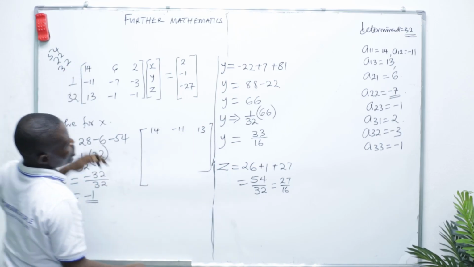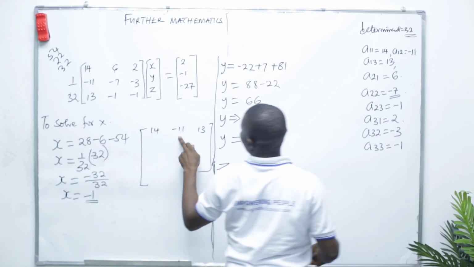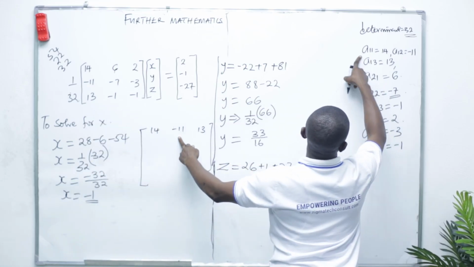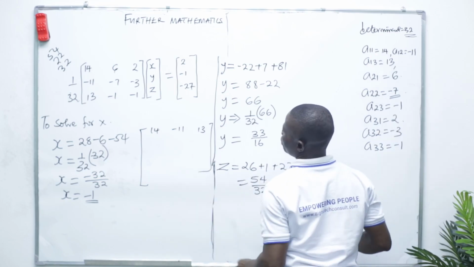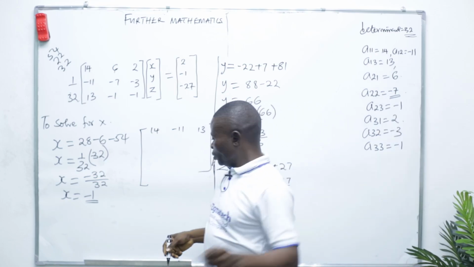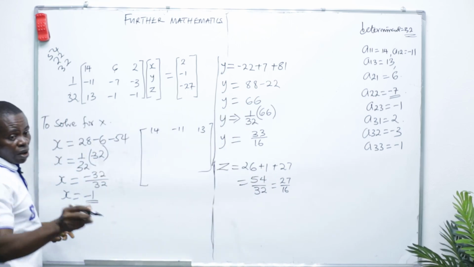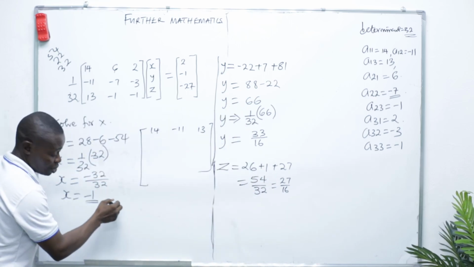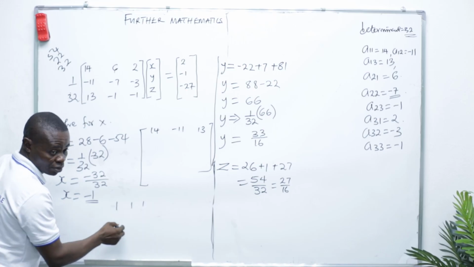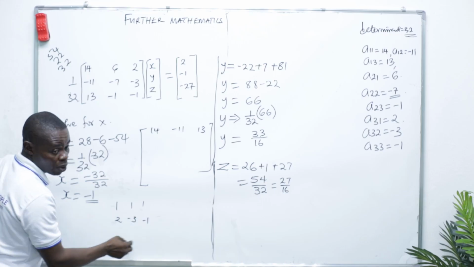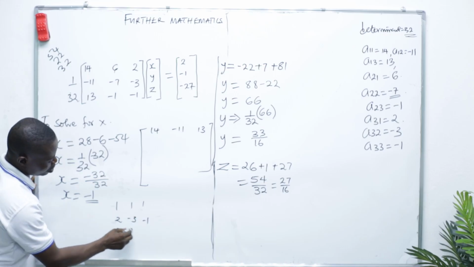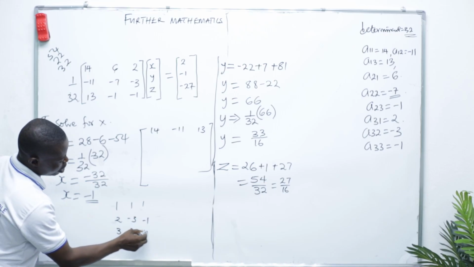I want to cross-check A12 and A13. See our simultaneous equation: 1, 1, 1, 2, minus 3, minus 1, then 3, 2, minus 4.